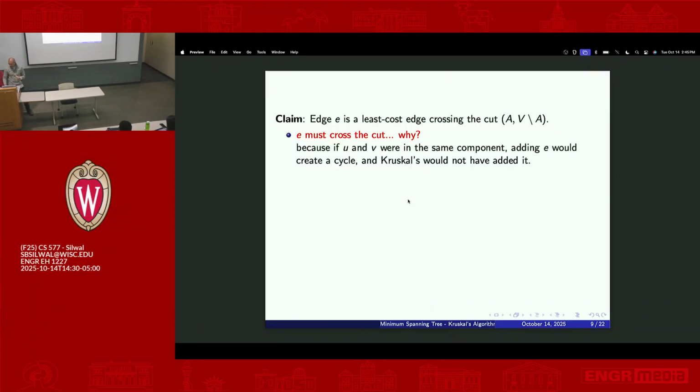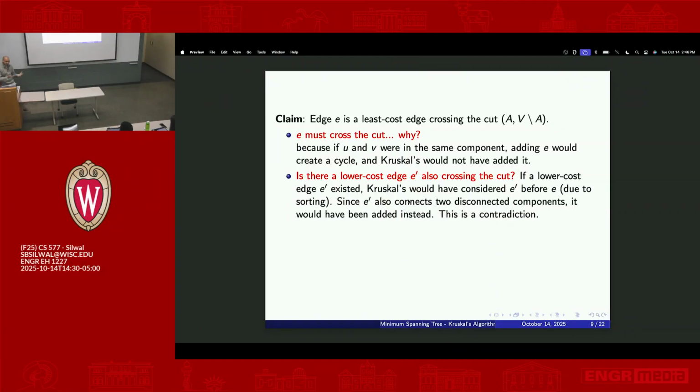Okay. So then the next thing I have to show is it is the lightest edge crossing the cut. Any idea why that's the case? What happens if there is another, better choice? So what do we do in the very beginning in Kruskal's algorithm? Yeah, exactly. We took all the edges and we sorted them first. So in particular, if there was another edge crossing the cut, that would have been considered before this edge, because we went in this sorted order.